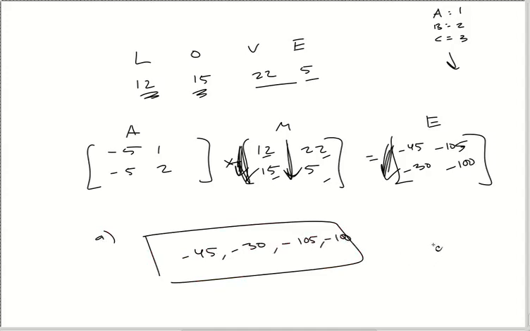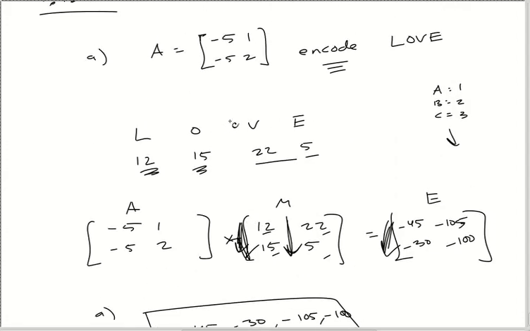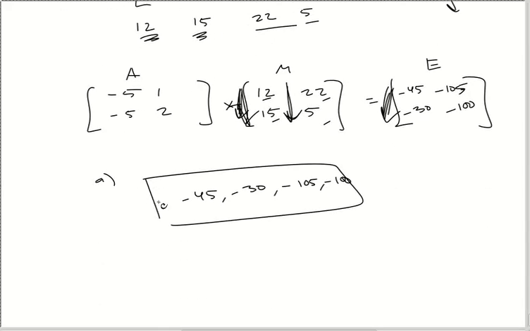So what does it mean by encoding, decoding? Basically, you're trying to send encrypted messages across the internet, let's say. And so you're trying to spell out love, and you want only the receiver to be able to pick that up. You don't want anybody else to know. This is a perfect way to pass love notes in class, right? So then you send them this list of numbers, and they're not answers to an exam.